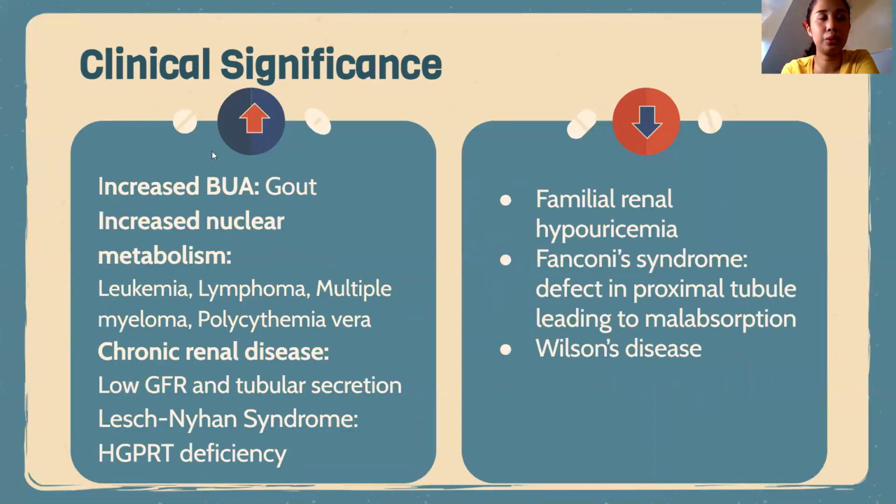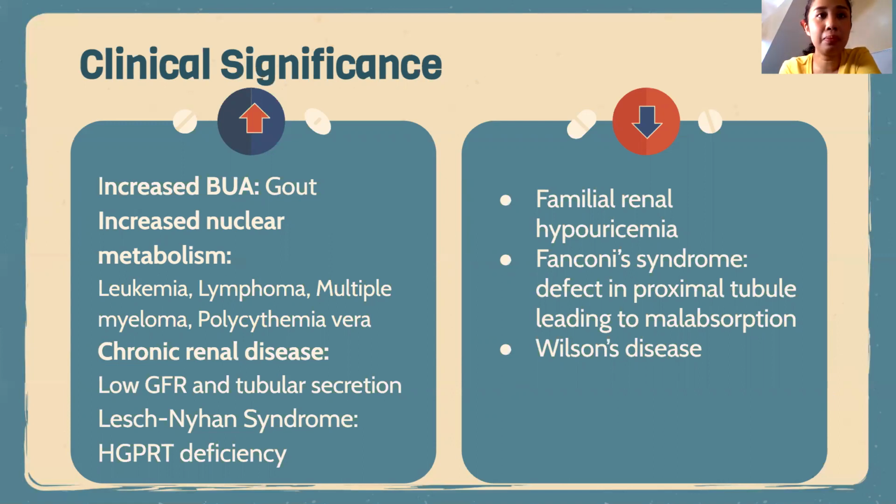When does uric acid increase? When there is increased intake of purines, for example in gout, and in increased nuclear metabolism. These diseases, class, are leukemia, lymphoma, multiple myeloma, and polycythemia vera.